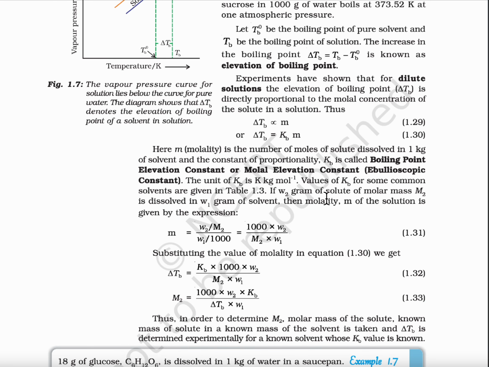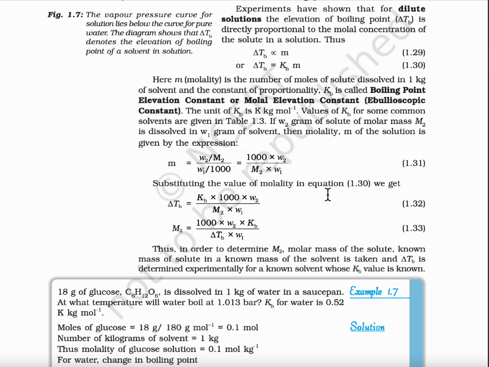Now if W2 gram of solute of molar mass M2 is dissolved in W1 gram of solvent, then the molality m of the solution is given by the number of moles of solute, that is W2 by M2, divided by W1 by 1000, where we are representing it in kg. So when you rearrange and substitute the value of molality in this equation, delta Tb, the elevation of boiling point, is equal to Kb into 1000 into W2 by M2 into W1.